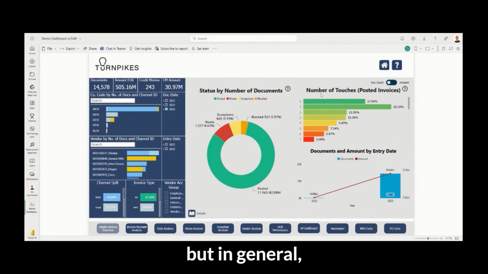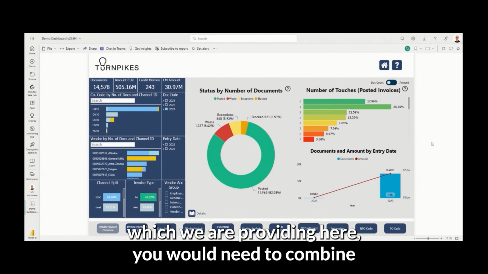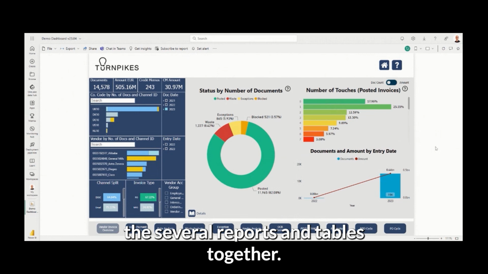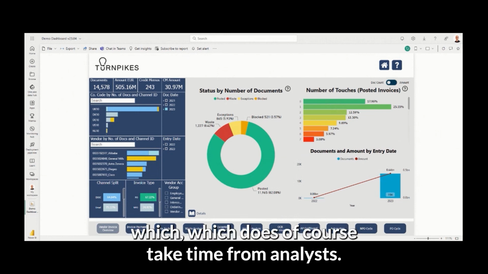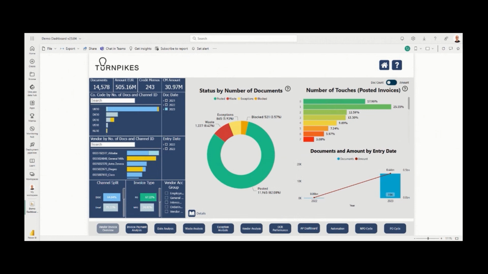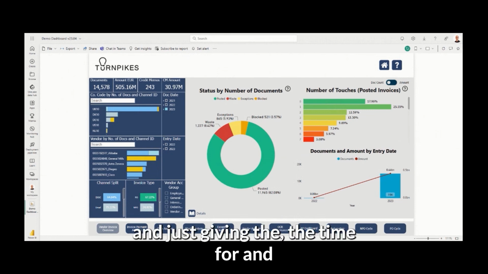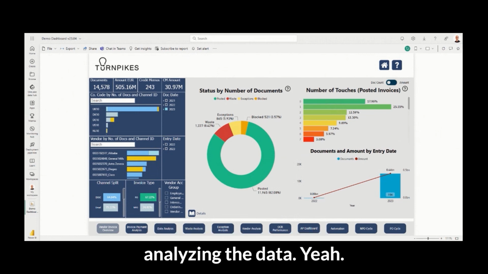But in general, to get this level of detail which we are providing here, you would need to combine several reports and tables together. Yeah, which does, of course, take time from analysts. So with this product, we are basically taking away the effort of composing the data and just giving the time for analyzing the data.